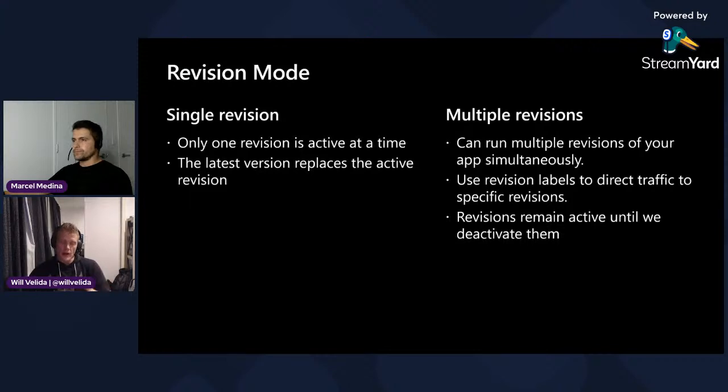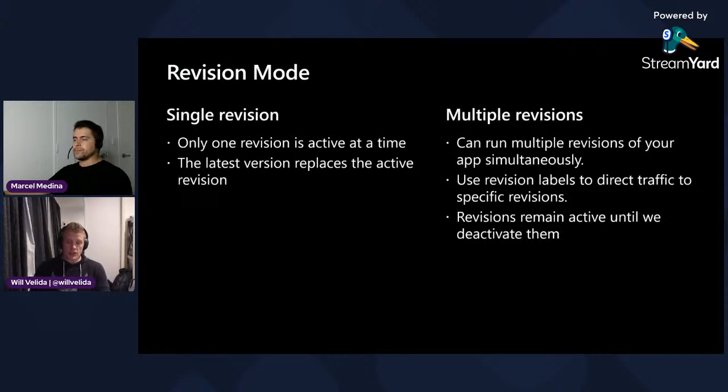When you're deploying a new revision, behind the scenes health probes are run in the background to check if the latest revision that you're about to deploy is active and willing to accept traffic. Once it passes those health probe checks, that becomes the active revision and traffic is allocated to that latest revision.